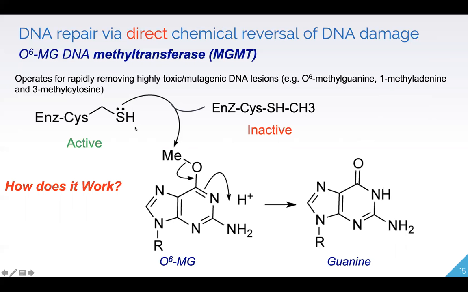So the enzyme removes the methyl group from the lesion, and in the process it inactivates itself. So it's a suicidal enzyme. It's a very energetic process. The cell invests a lot of energy to make many, many copies of this enzyme in order to keep removing this highly toxic lesion from the cell. Again, another example of direct chemical reversal.